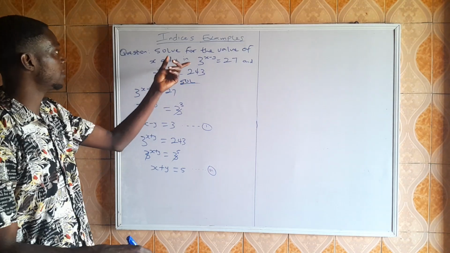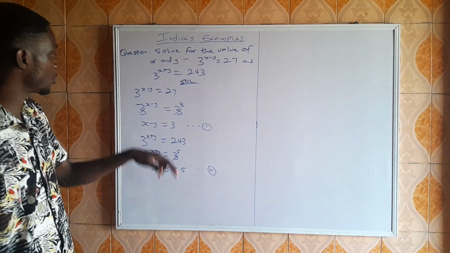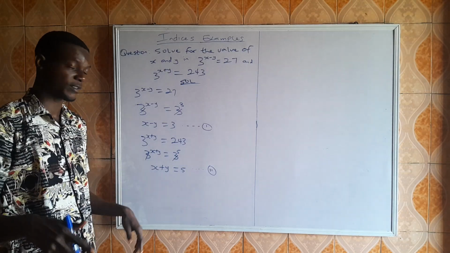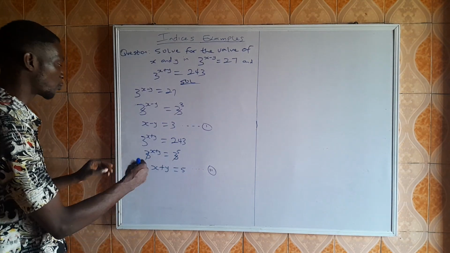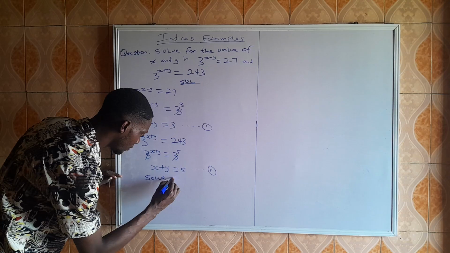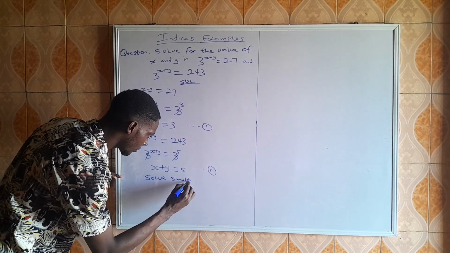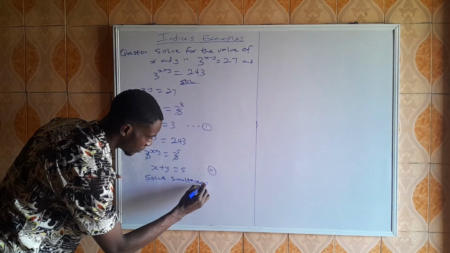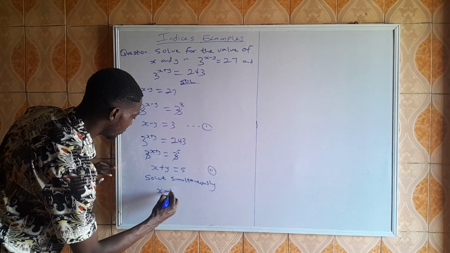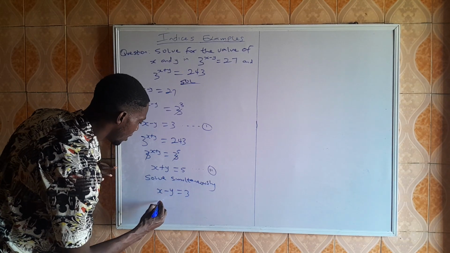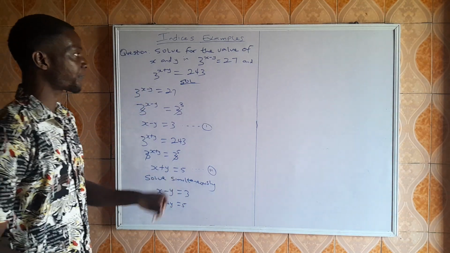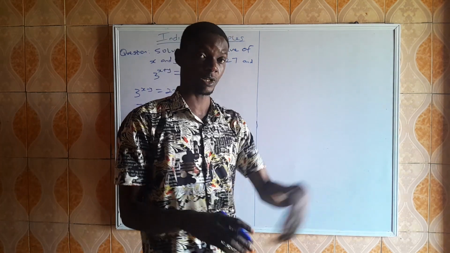Now remember, we're told to find the value of s and y. So we have equation 1 as s minus y equals 3, and equation 2 as s plus y equals 5. Now the best way to go about this is to solve simultaneously. For simultaneous equations, we still get to that part very soon.